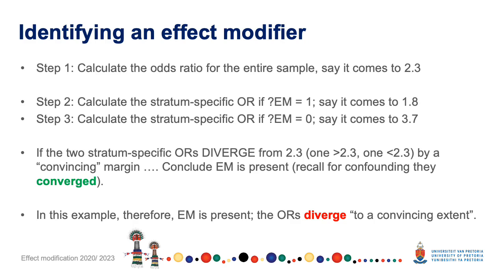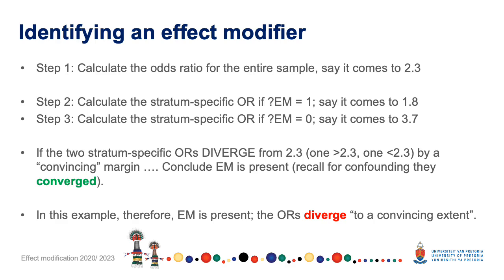Now, with effect modification, they don't move to the same side. So one of the strata, the odds ratio will become less, and the other stratum, the odds ratio will become more than the 2.3. So we had 2.3 for the combined group, and then when we stratified, we got 1.8, which was less, and 3.7, which was greater.